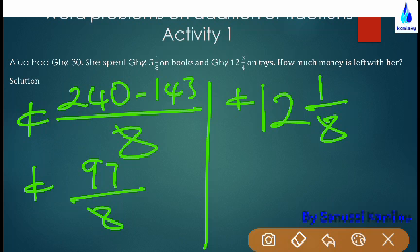This is how we can use our fractions in daily activities, because when we go to market, you may end up having some things that you are buying, they are in fractions. So you must add or subtract.